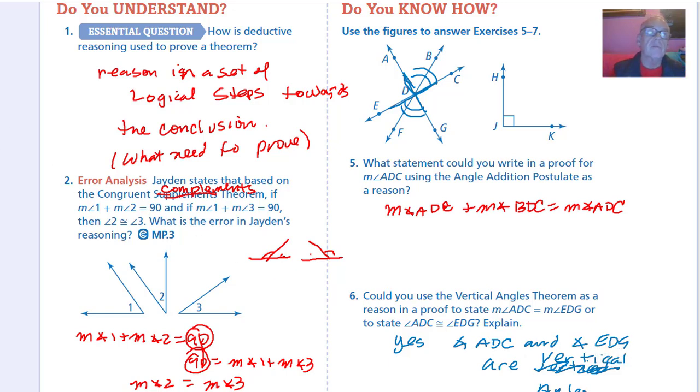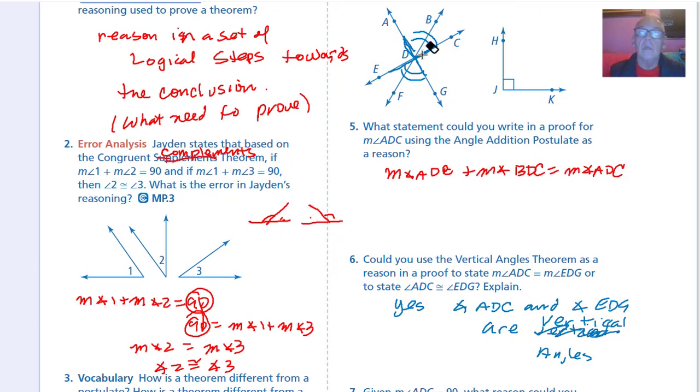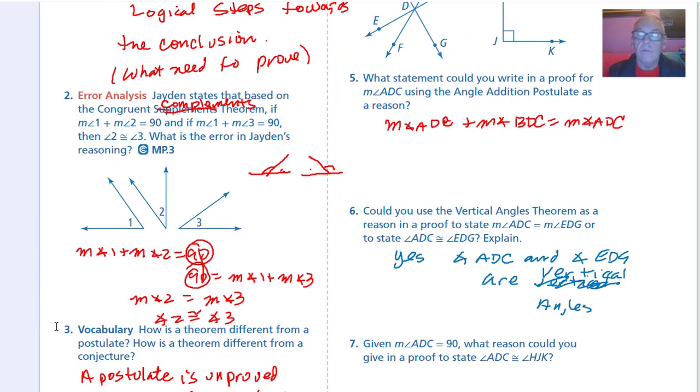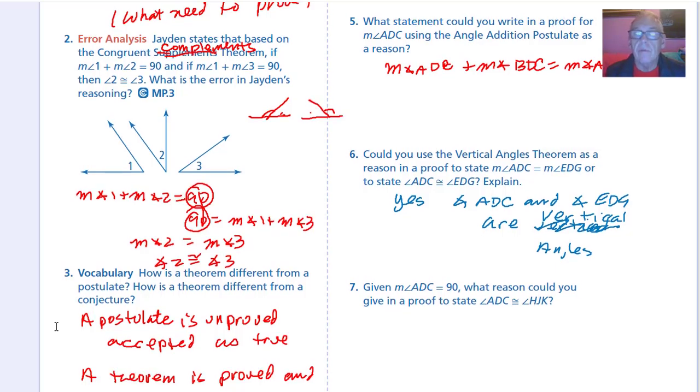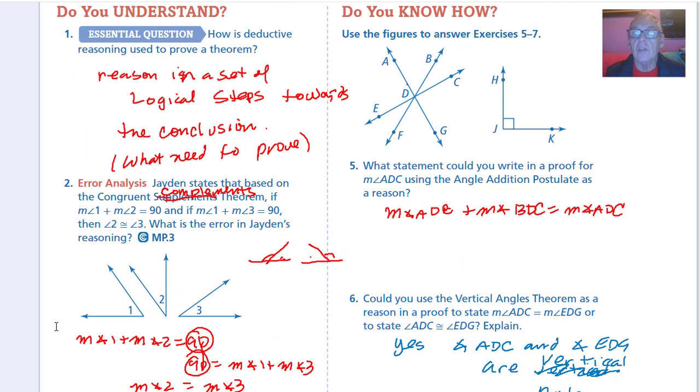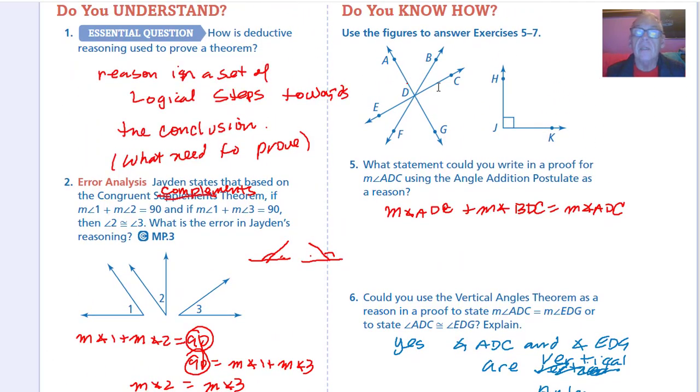So let's get to number 7. We're still using the same diagram. Let me erase this off the diagram. We'll switch colors up. Given the measure of ADC is 90, what reason could you give in a proof to state that ADC is equal to HJK?